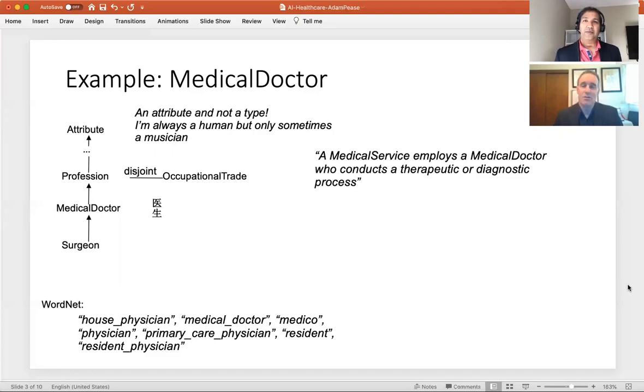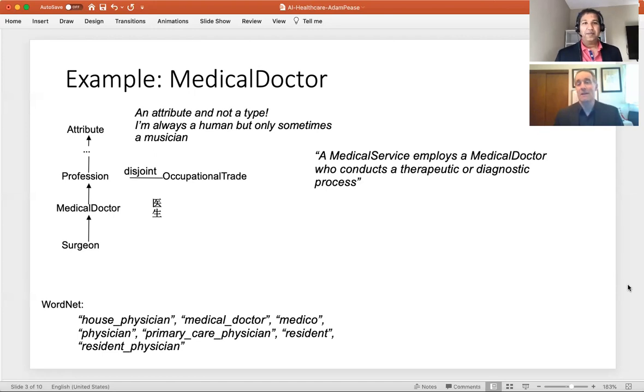We have relationships, for example, that professions are disjoint from occupational trades like plumbers or carpenters. We have a lot of linguistic information, such as the translation of medical doctor into Chinese, and you can see the Chinese simplified characters there as well. And we've got a whole bunch of other languages. So it's just an illustration of some little bits of things here to be very concrete.